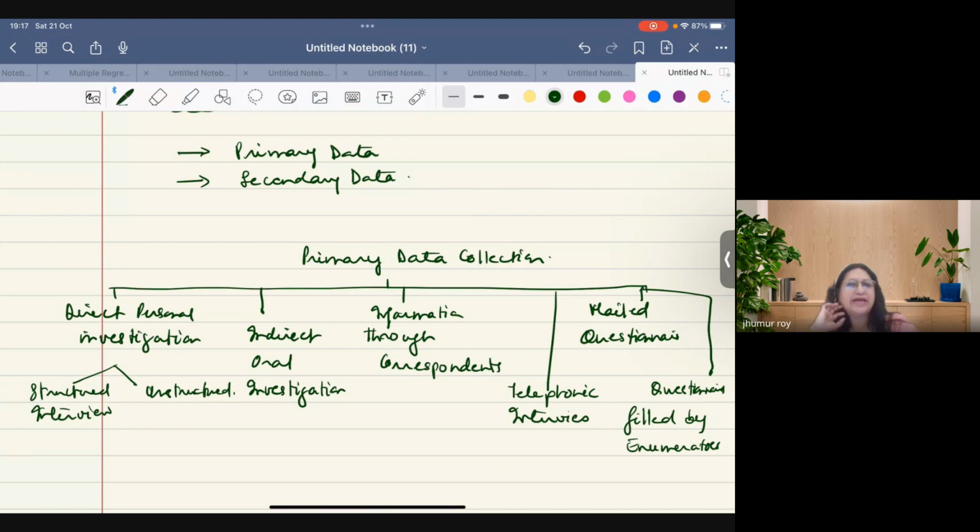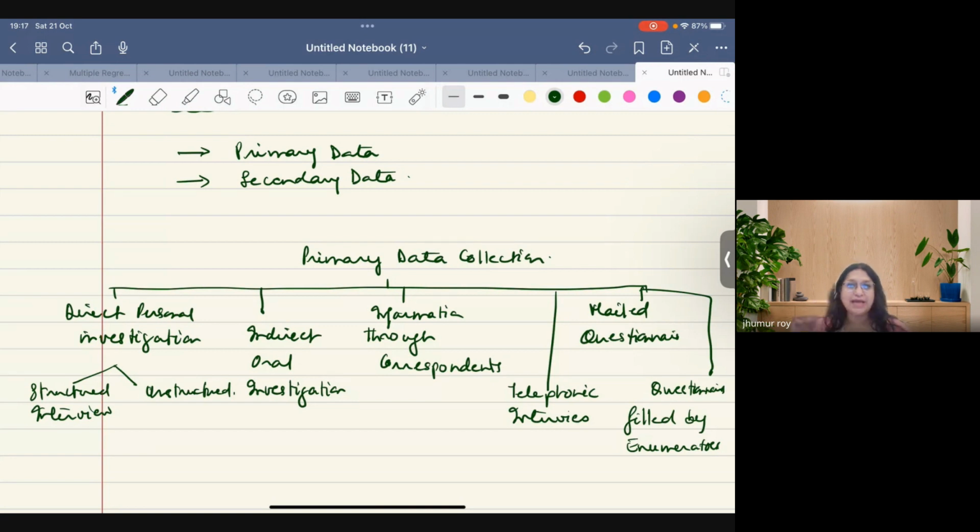Even if you decide to interview at least 10 people per day, it is going to take you such a long time to interview those 3,000 people. By the time you reach that 3,000th person, the data that you collected from the first person might have changed. He might have some new perspective, he might be thinking in a different way. So all the previous data is no longer of use.